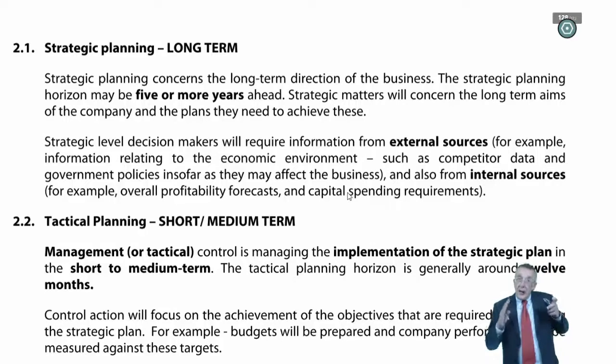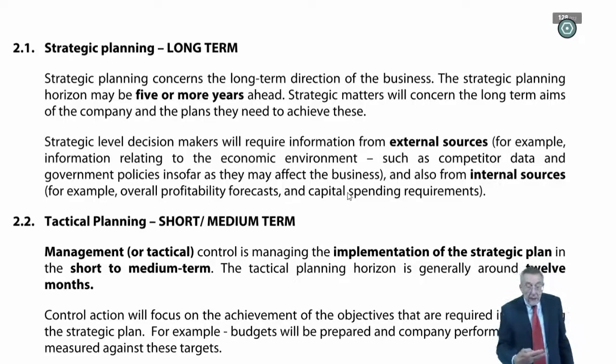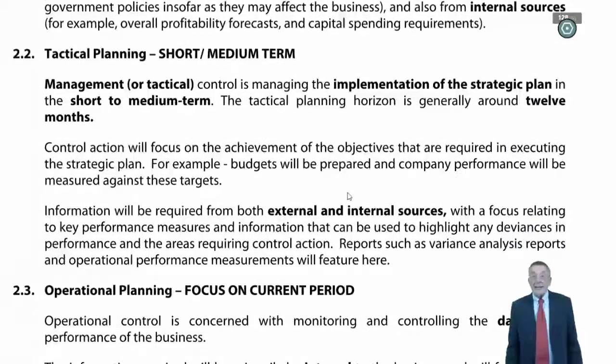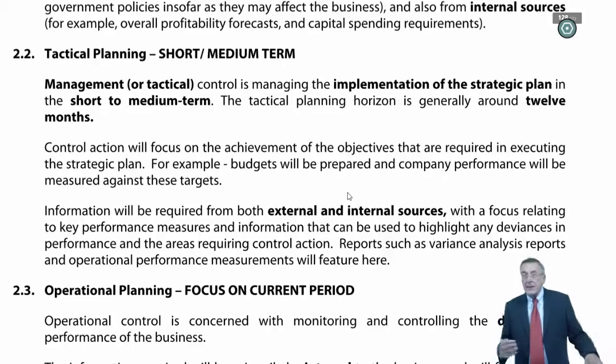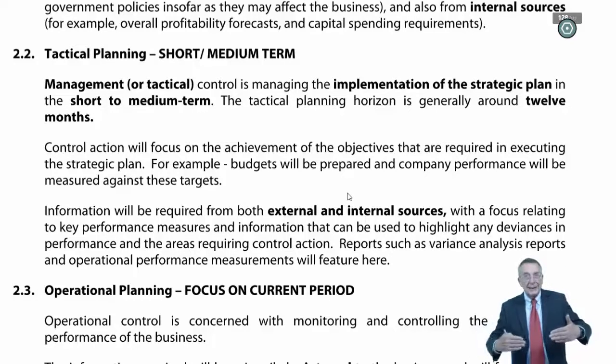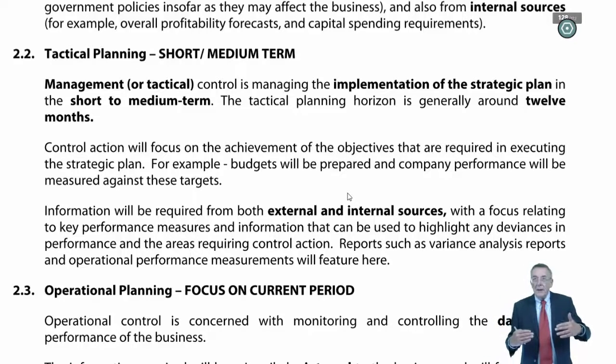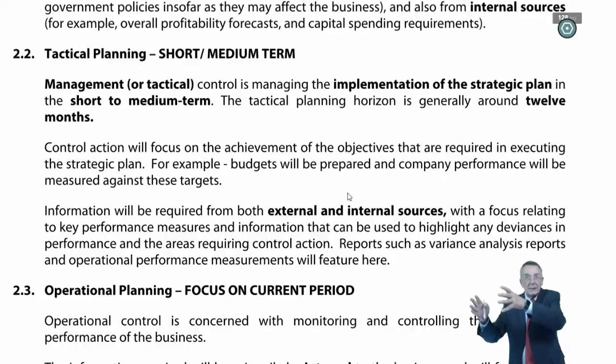Once we've made our long-term strategic plans, that, okay, we're going to launch this new product, for example, then we move down a level to what we call tactical planning, which is more short to medium term. A good example of this is the preparation of budgets, which were generally done for the coming year. They're much more detailed plans. We've decided to launch our product. It was a long-term decision.